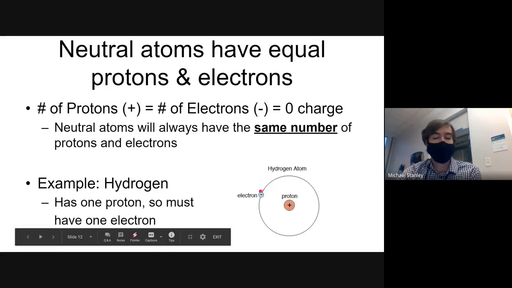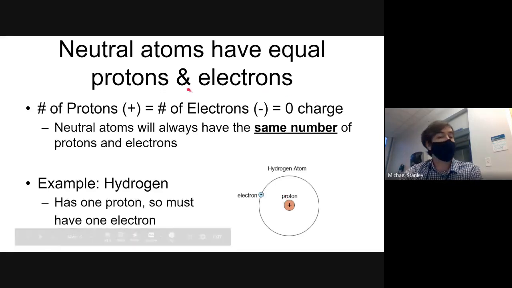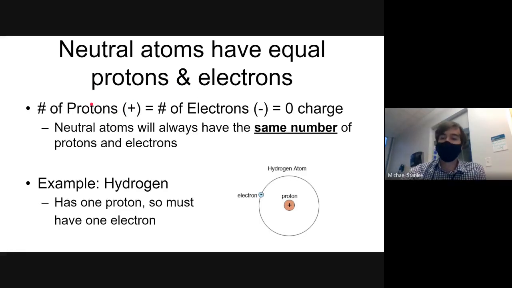So the positive and negative charges balance out with each other. Equal protons and electrons. So protons are the same, electrons are the same, and then the neutrons are just the atomic weight minus our protons.